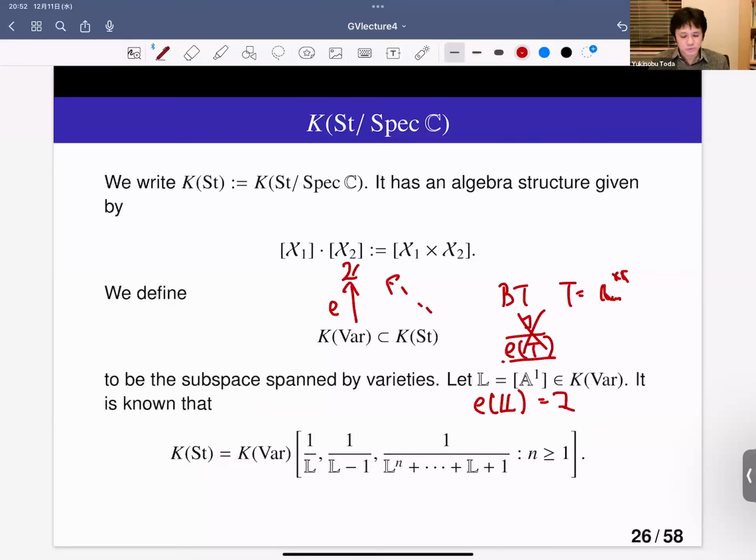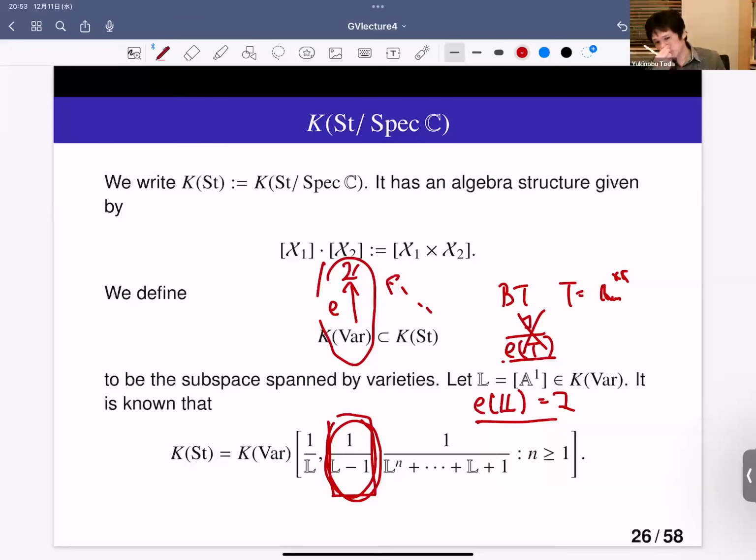So if you look at this formula, this part is the only obstruction to defining the Euler characteristic. For the other parts, the substitution makes sense, and the Euler characteristic of the base makes sense. So this is the only one which gives the obstruction to defining Euler numbers. And again, this one appears because of the torus stabilizers of the stacks.